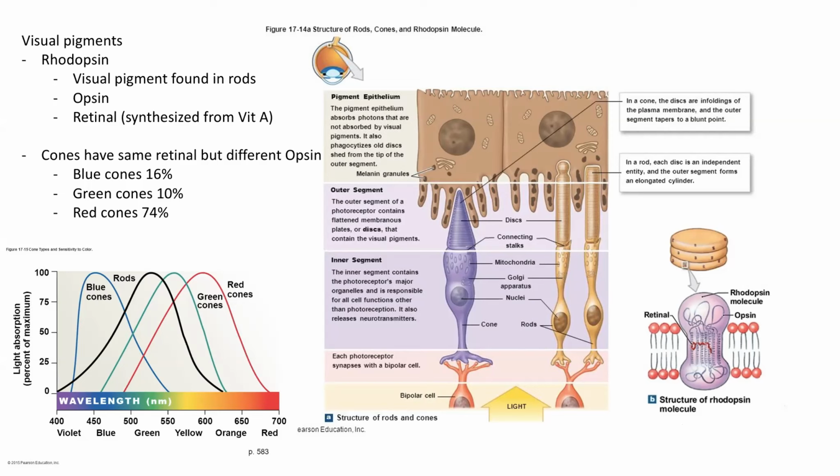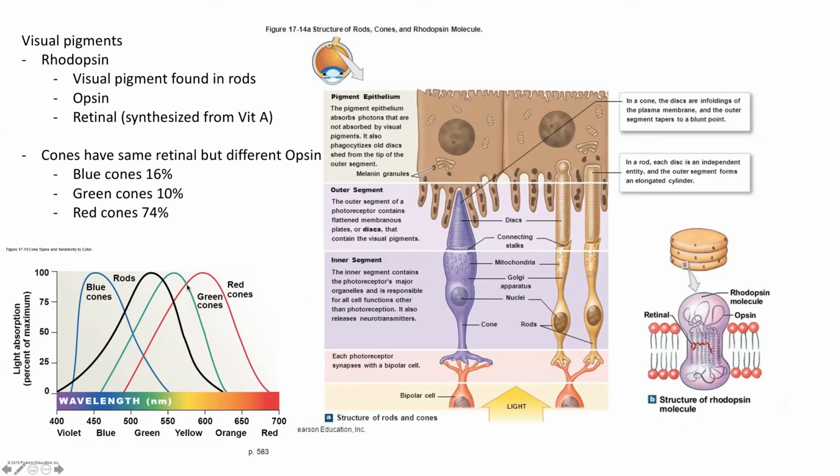Okay, so the cones themselves, we have 3 different kinds. We don't have a bunch of different colored cones that absorb a lot of different colors. We have 3, okay? They absorb at a different amount, and that gives us the color. So you can see on this graph, if you were to only have the red cones absorbing the light, you only see red.